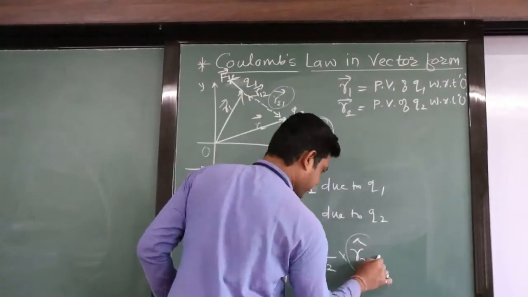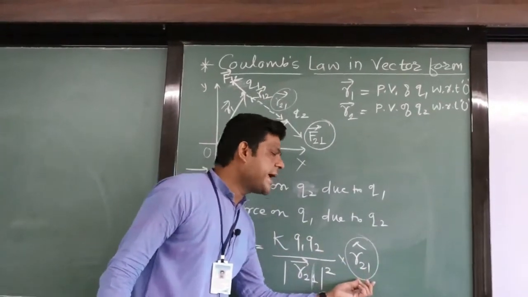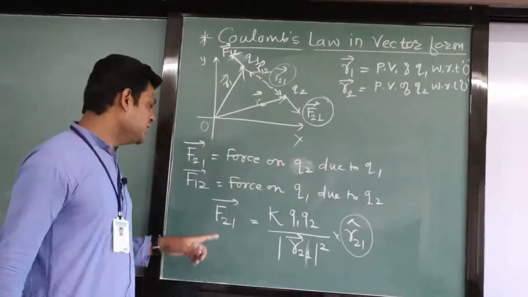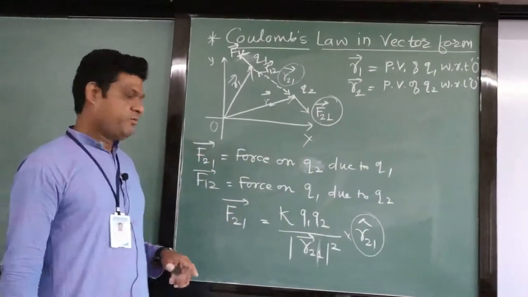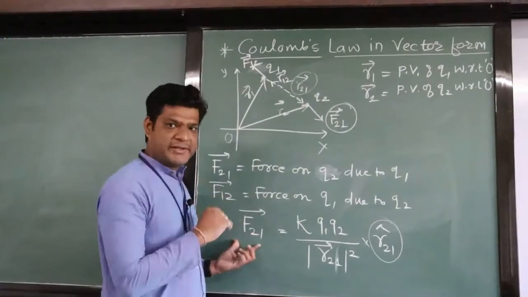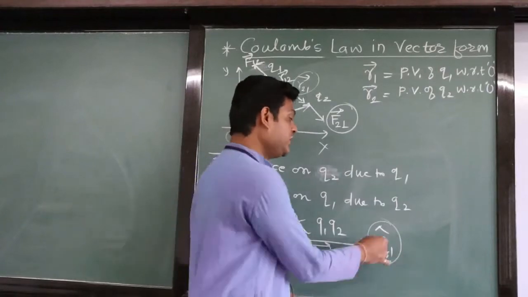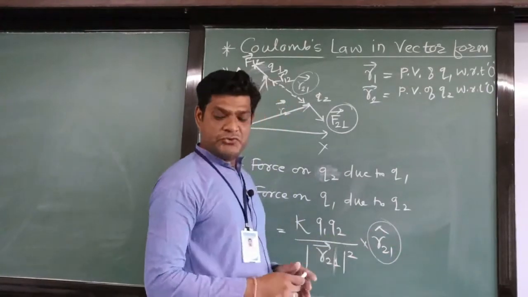Now the question arises in our mind, what is R21 cap? R21 cap is a unit vector in the direction of F21. We know that F21 is the force acting on 2 due to 1. R21 cap is a unit vector.